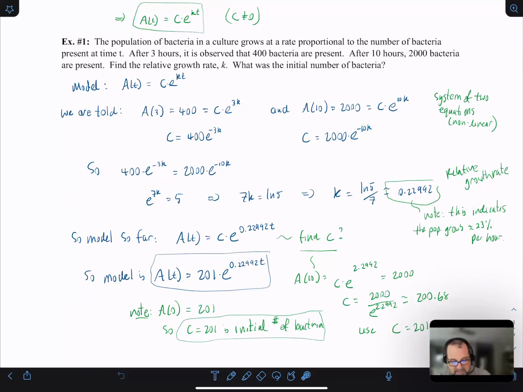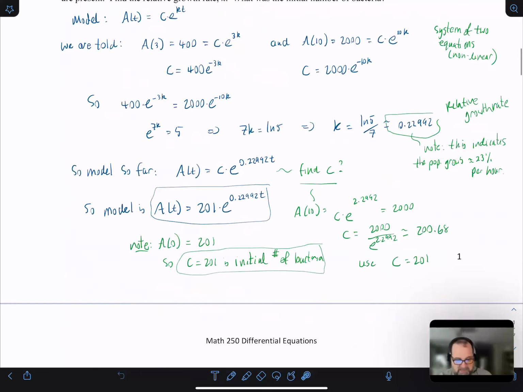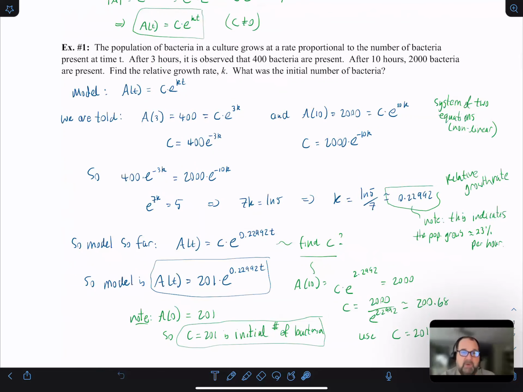That first line here is a statement that you should read as saying, hey, this population of bacteria is growing exponentially. So a population that grows at a rate proportional to the number of bacteria present is describing this model. And all we really need to understand from that is that we're being told that it is exponential. That means we can use this model.